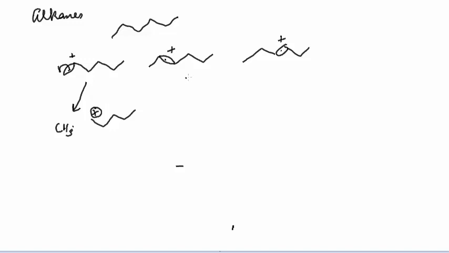Now let's see on the second one. There's two possibilities to consider. One is better than the other one, but let's look at both of these. The odd electron here can shift towards either carbon.